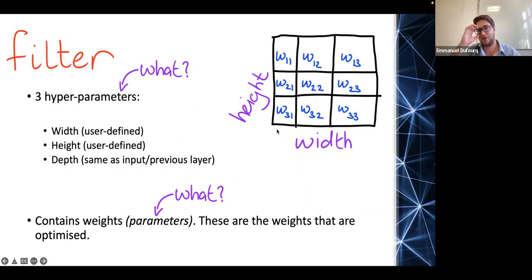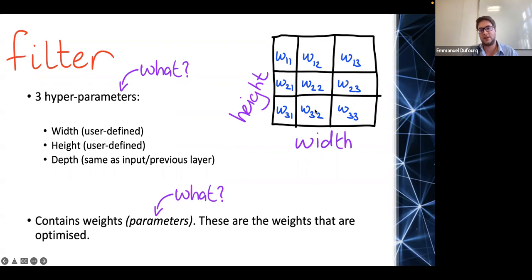Now, remember, with the feed-forward neural networks, we had the circles, and we had the edges between the circles, and the edges contain the weights. With convolutional neural networks, the weights are inside the filter. So here's a 3x3 filter, and here are all the weights.